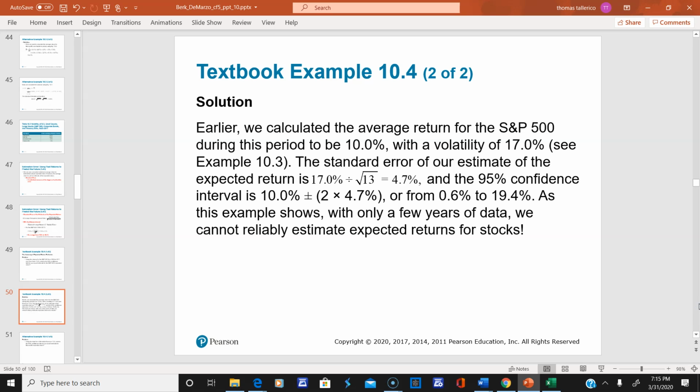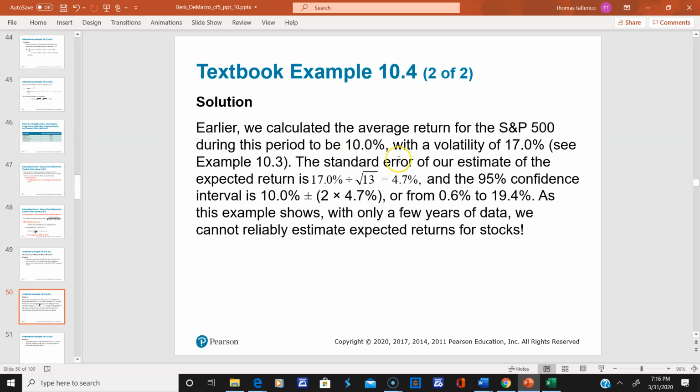We calculated the average return for the S&P during that period of 10%. You can go back and look at that data. And here was the volatility. So the standard error of our estimate of the expected return is going to be 17 divided by the square root of 13. 13 years, not 12. I think I said 12.